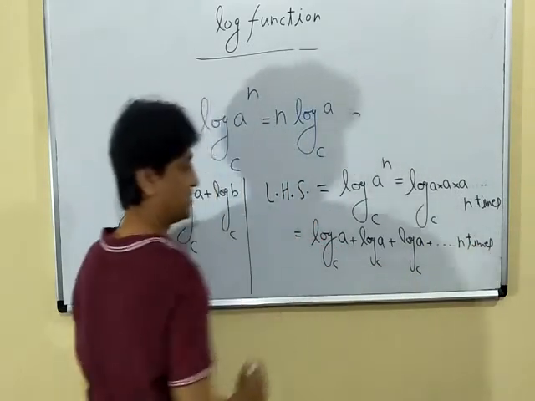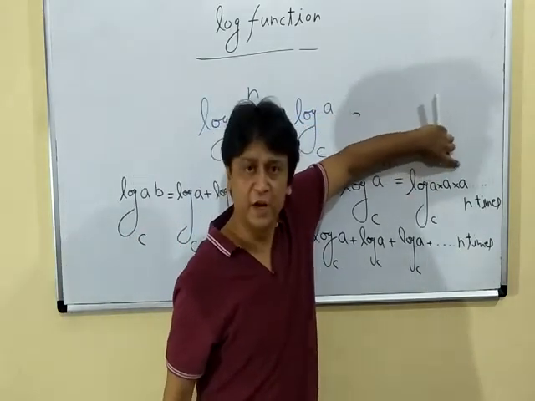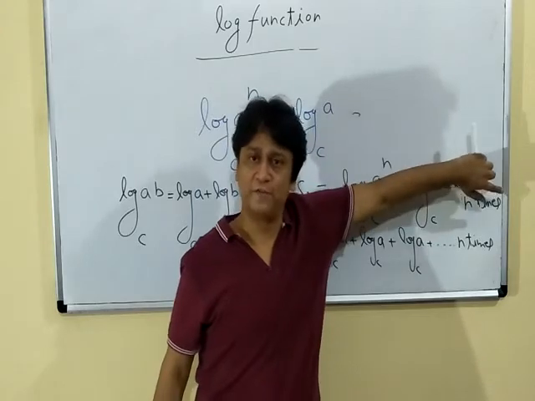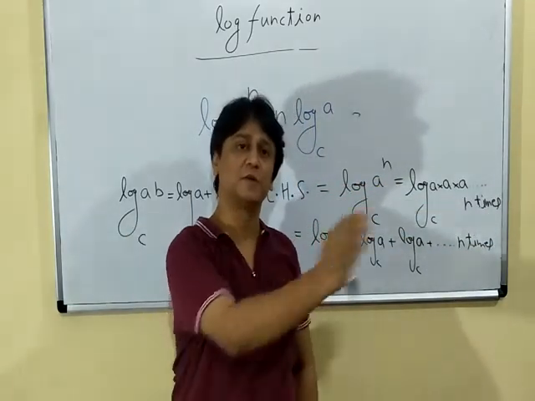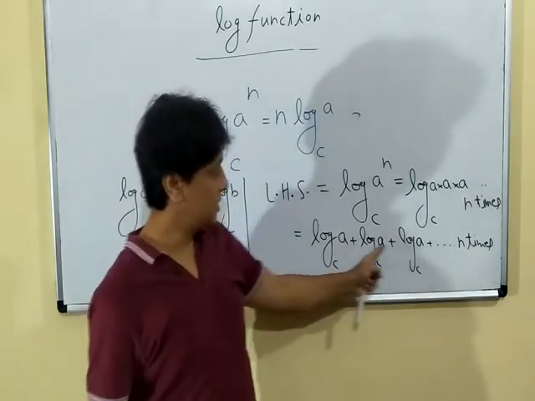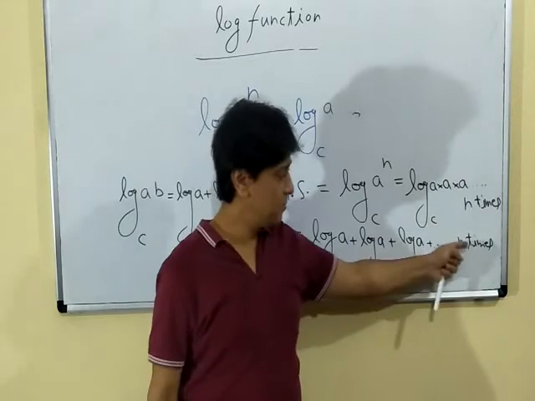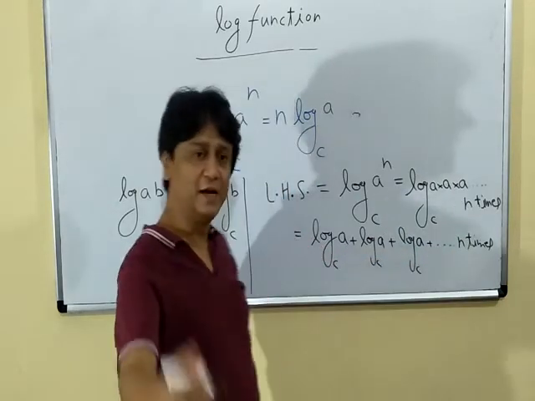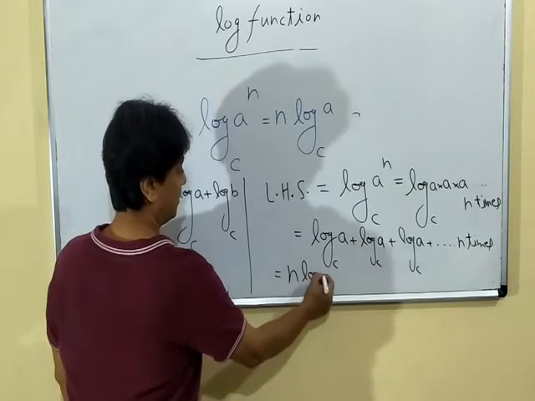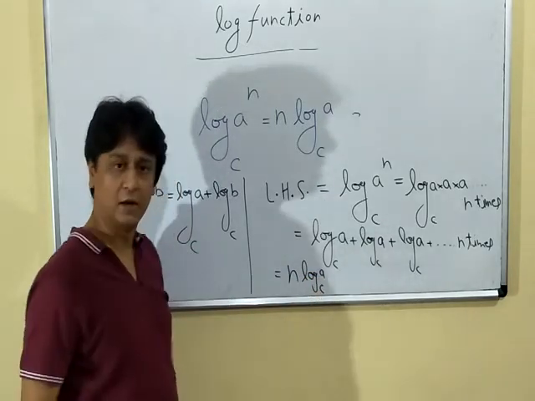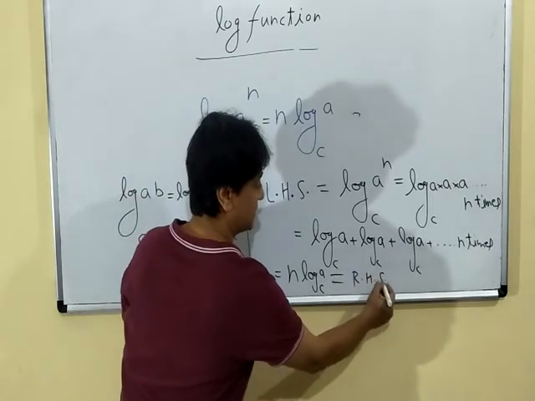Base is same, base is same, base is same. This rule says that if you are taking a product, a into b into c into d into e into f, then all the powers keep adding. Log a plus log a plus log a plus log a. How many times? n times. What do you get? You get n times the same number, log a base c, which is nothing but the right hand side.